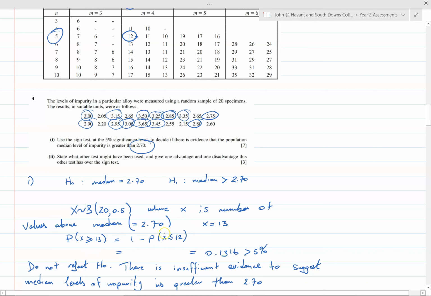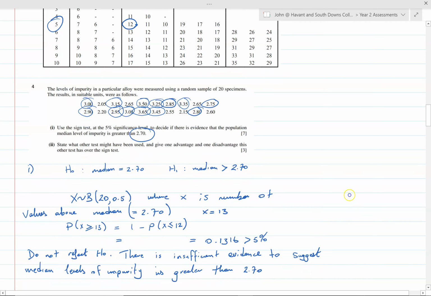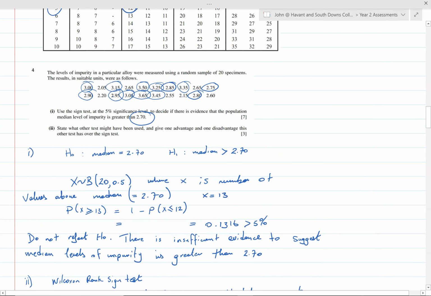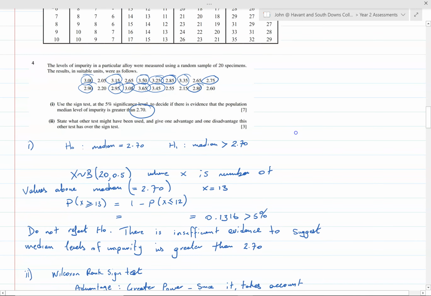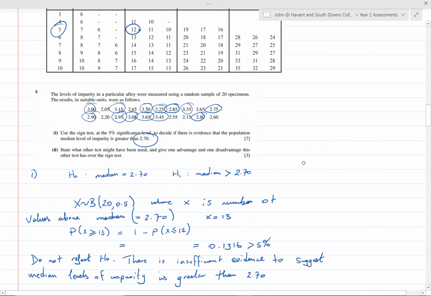To work that out, I won't bring the calculator up again. We do 1 minus P(X less than or equal to 12), which gives us 0.1316, which is greater than 5%. That means you do not reject H0. There is insufficient evidence to suggest the median level of impurity is greater than 2.7.